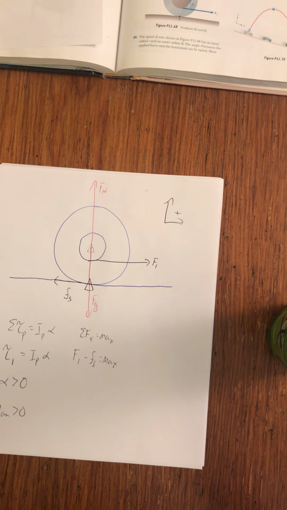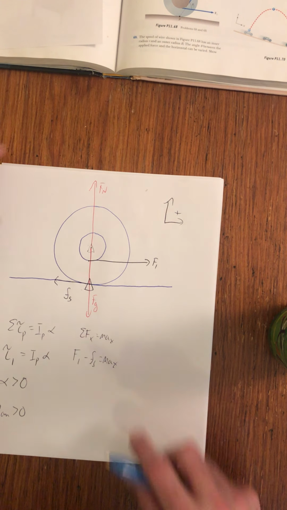So once again, if I need to prove what direction Fs goes, our goal would be to find an expression for Fs and figure out if that expression was positive or negative. And if we find an expression for Fs, whether it's positive or negative, that lets us know if we put it on our diagram in the correct or incorrect place.